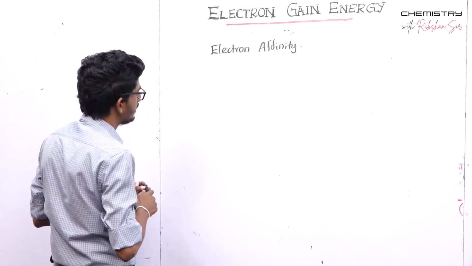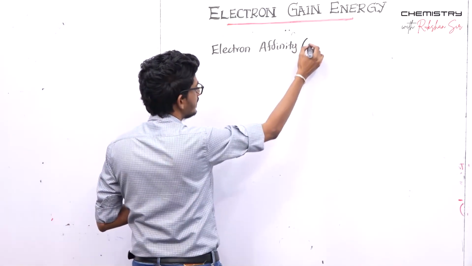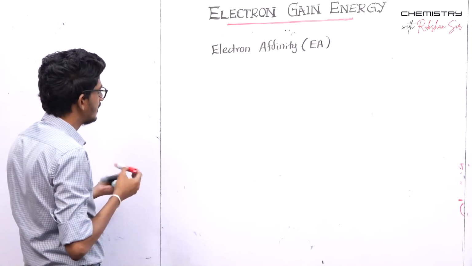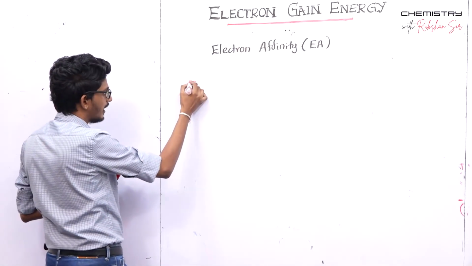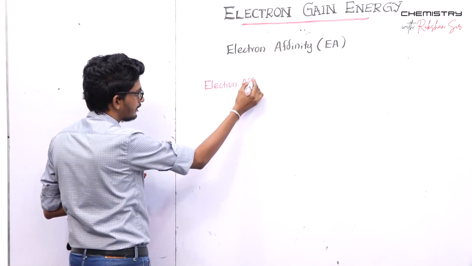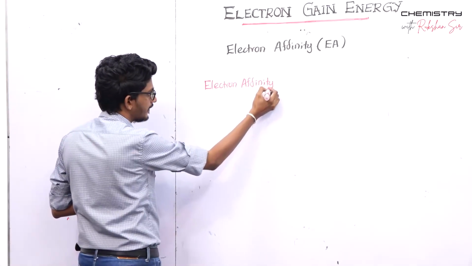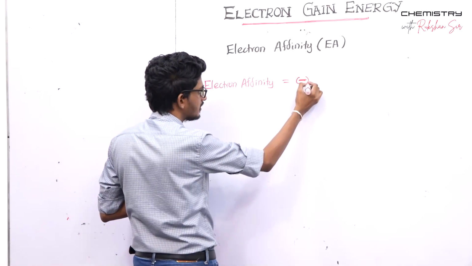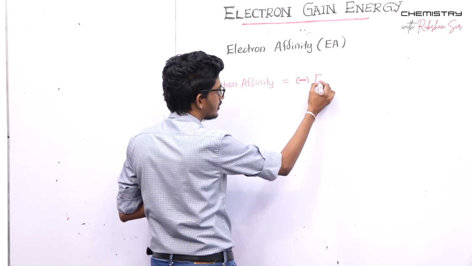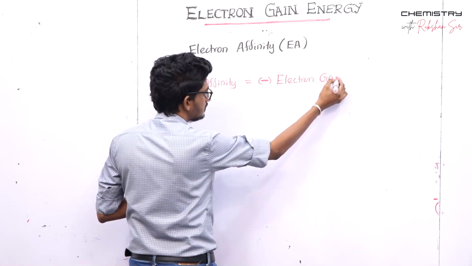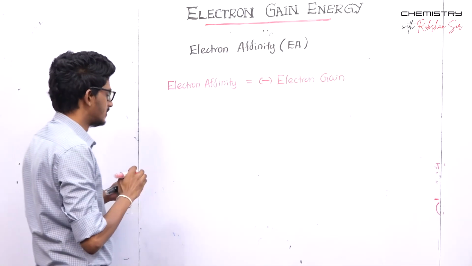Actually, electron affinity means, let's say EA. This is the only thing you should know. Electron affinity is actually the negative, the opposite of electron gain. That's it.